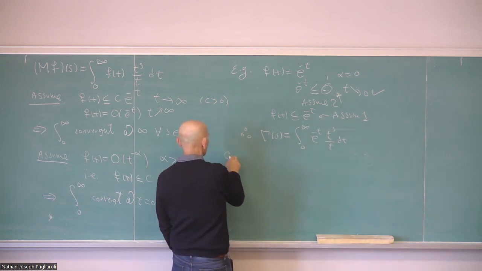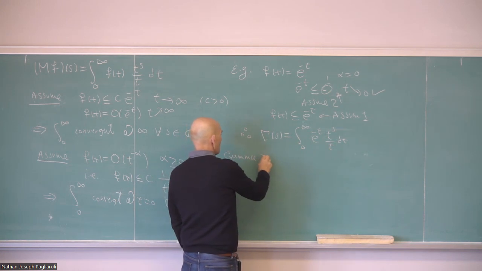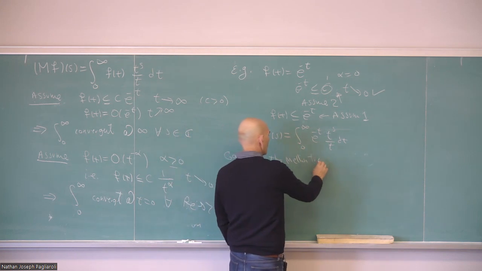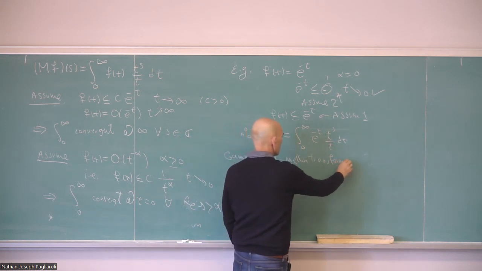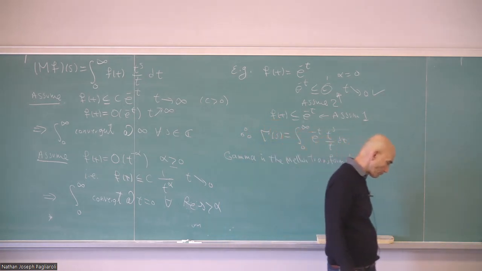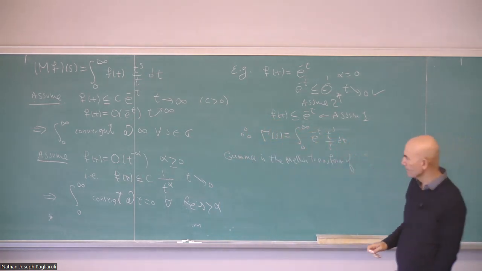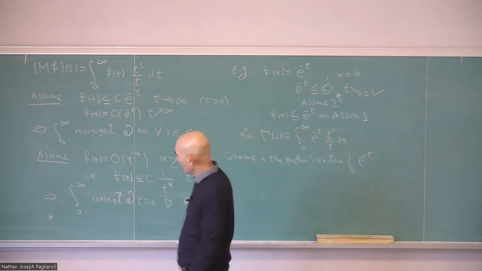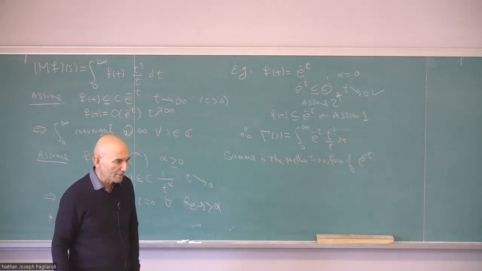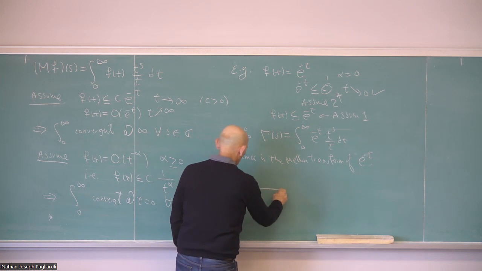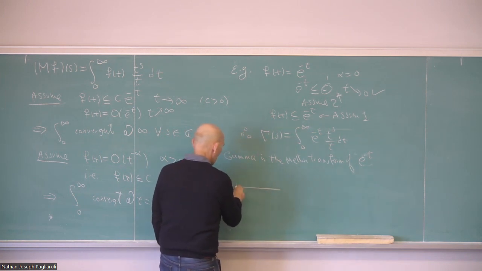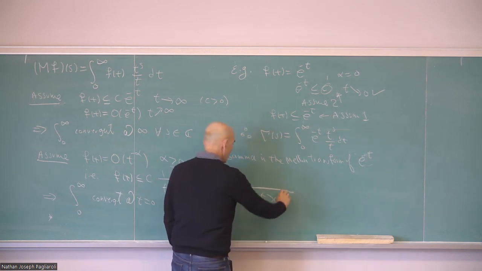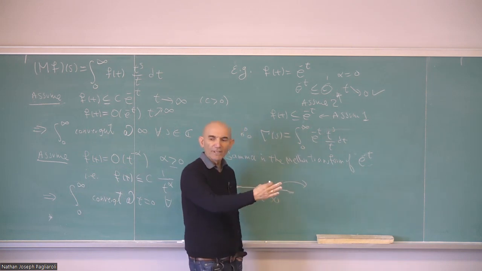So the gamma function is the Mellin transform of e to the minus t. This Mellin transform is a very interesting transform. It takes a function which is defined on t positive and turns it into a function on some right half plane.